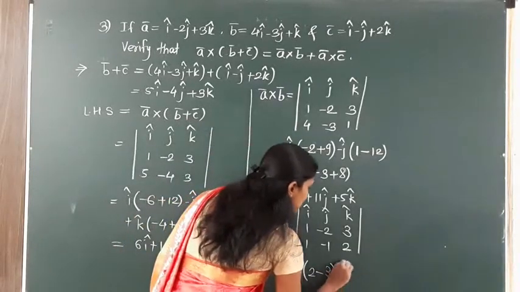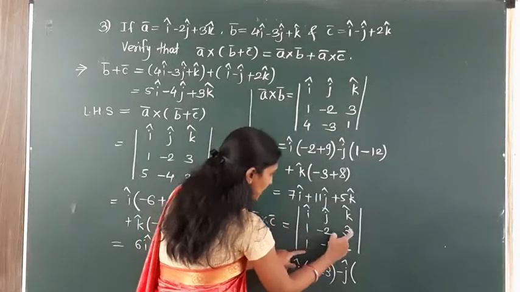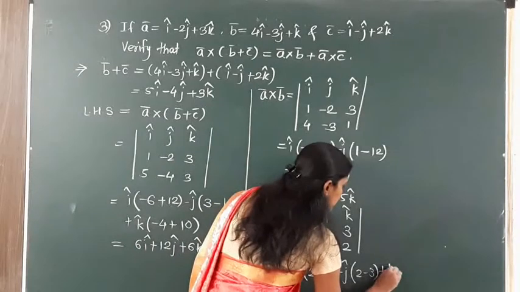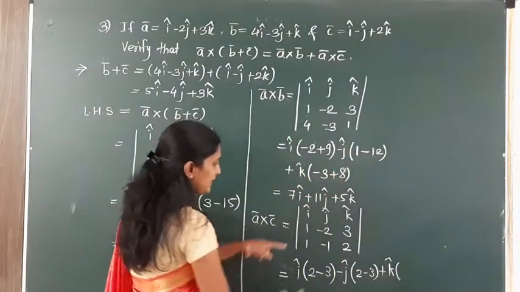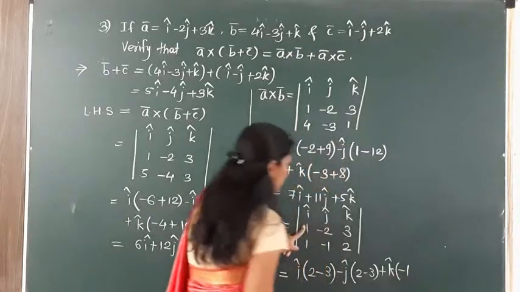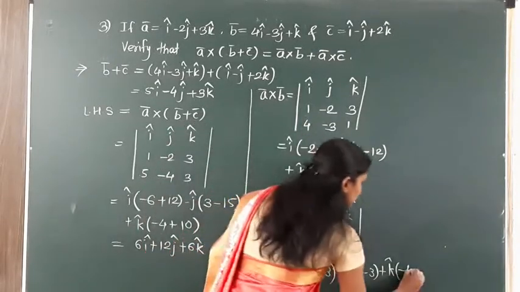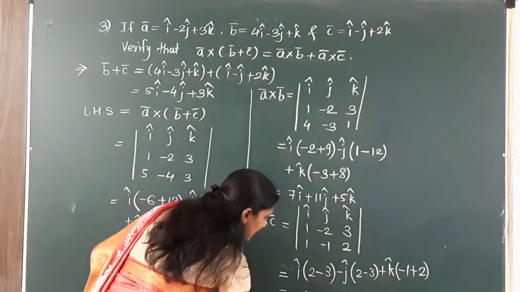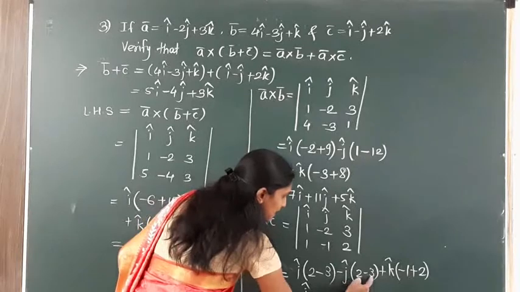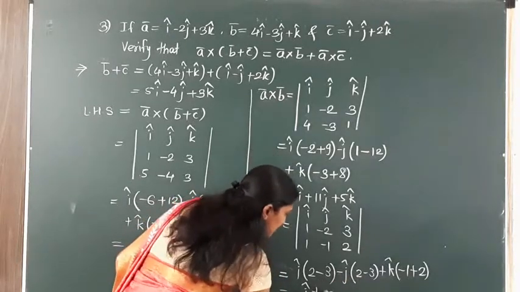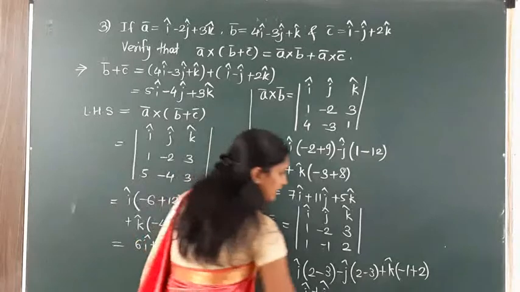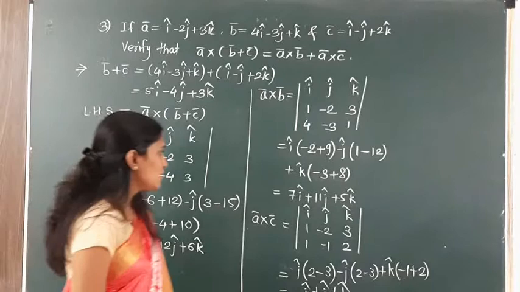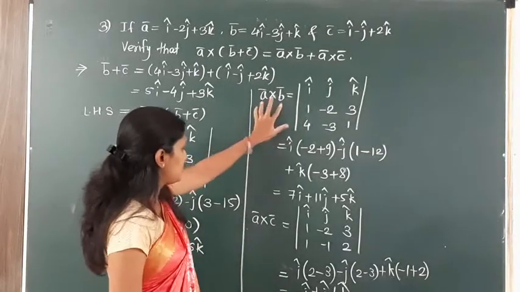Now minus j cap into bracket 2 minus 3. Now plus k cap into bracket minus 1, and minus minus gets plus 2. So we will get minus i cap, minus 1 minus minus gets plus j cap, and plus k cap. So we get the values of a bar cross b bar and a bar cross c bar.